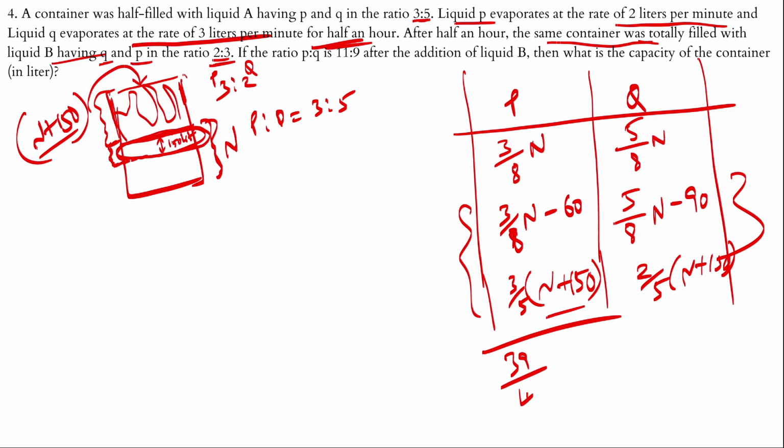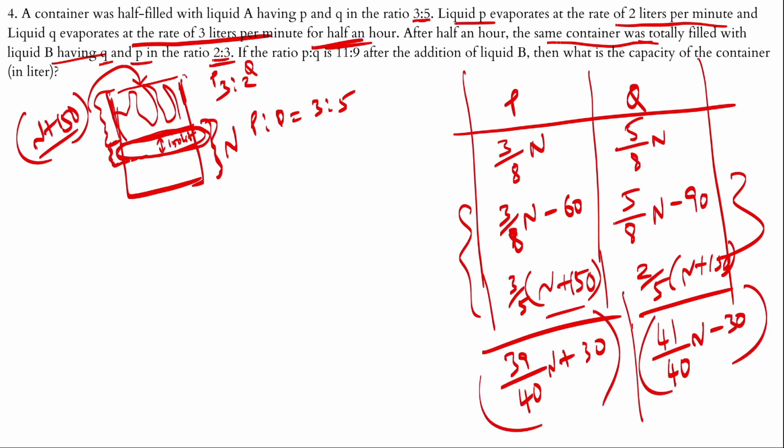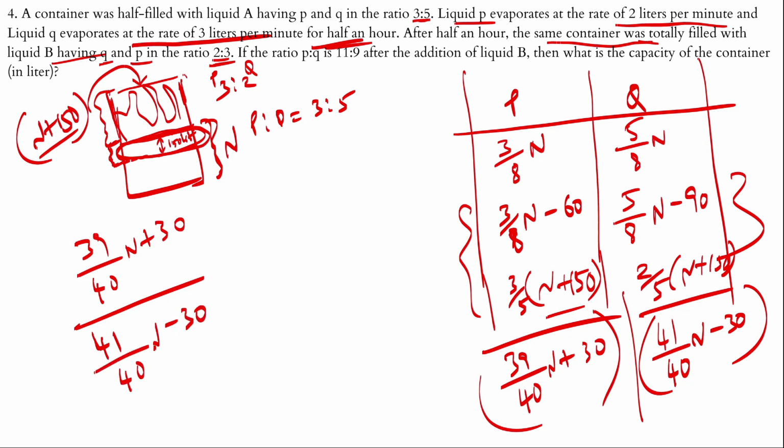39 by 40n plus 30, and in the second case we'll get 41 by 40 n minus 30. Just add this, you'll get these two equations. 39 by 40 n plus 30 by 41 by 40 n minus 30.